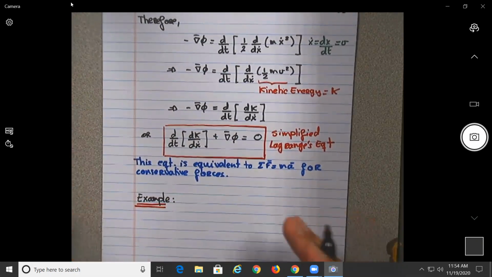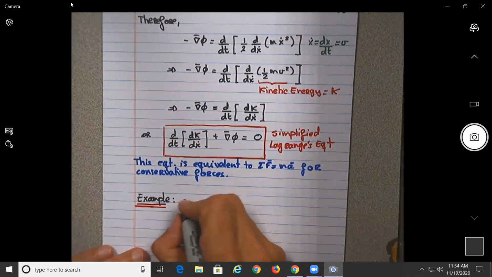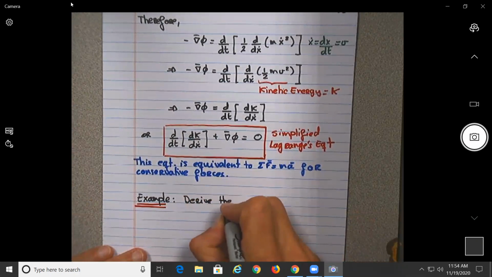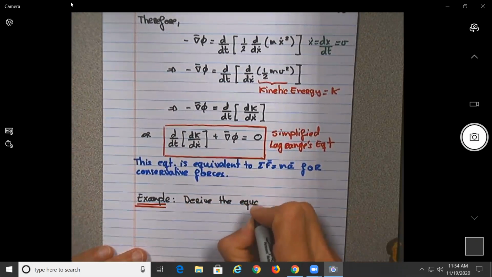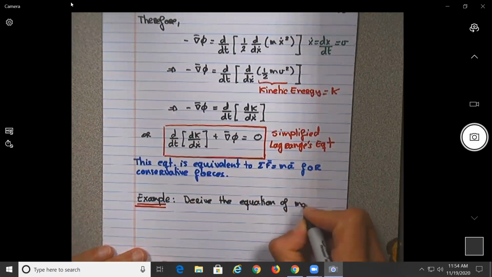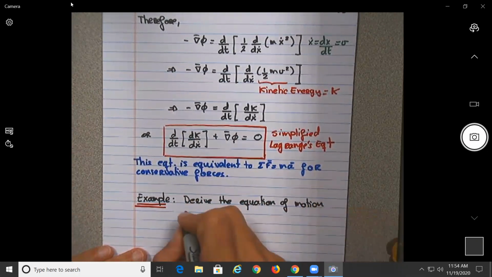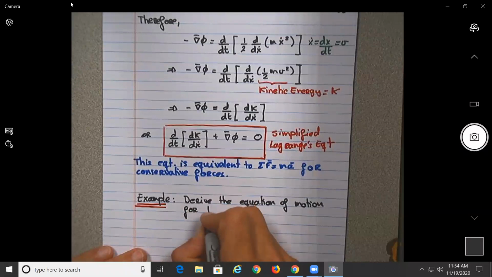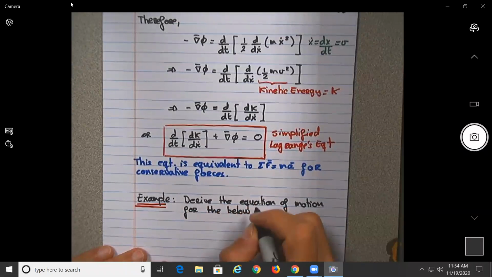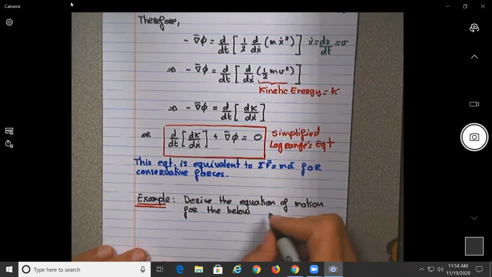But at least in vibration it is used to derive the equation of motion for the below system, okay?